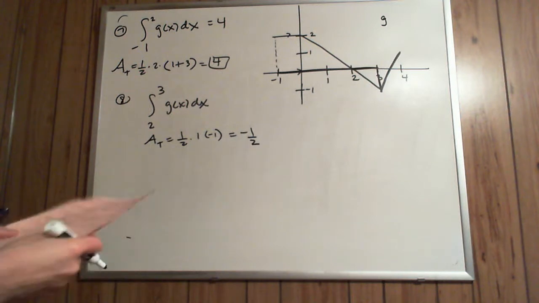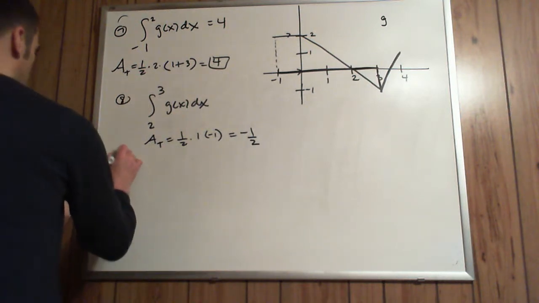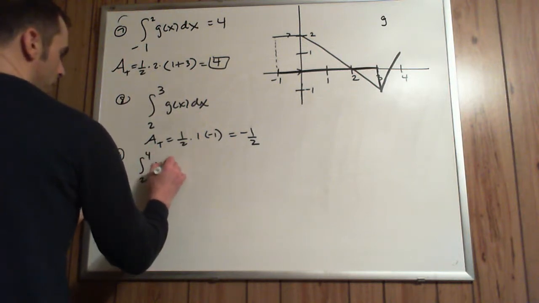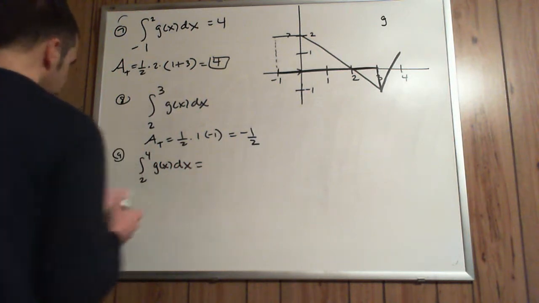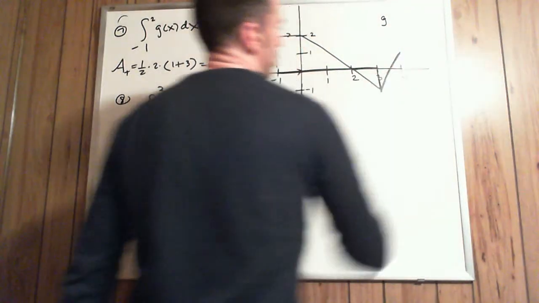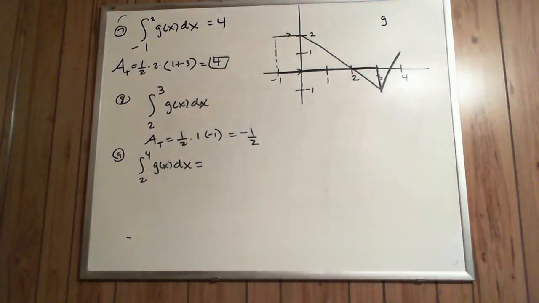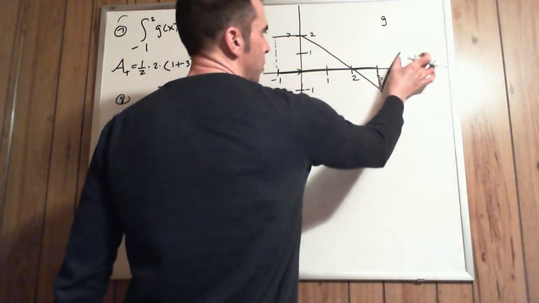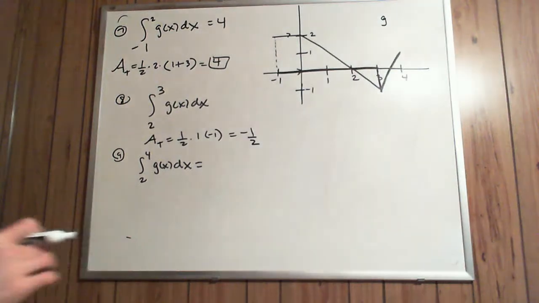In number 9, we want the value of the definite integral from 2 to 4 of g at x dx. Well, that's from here to here. So notice what we have going on here is we have a portion below the x-axis and a portion above the x-axis.